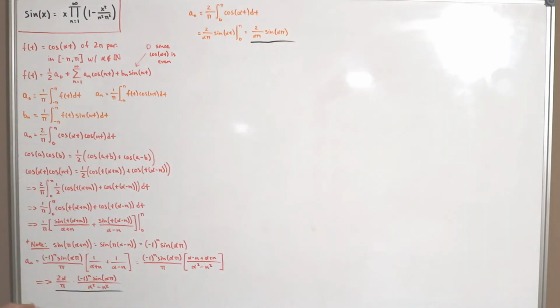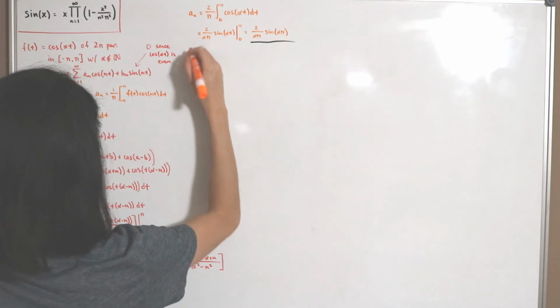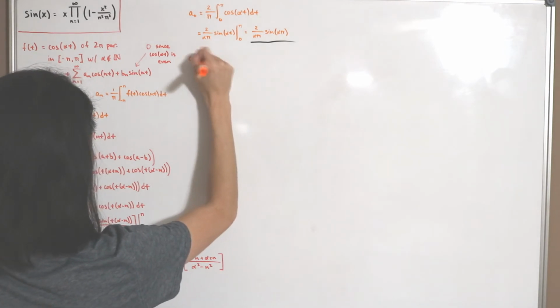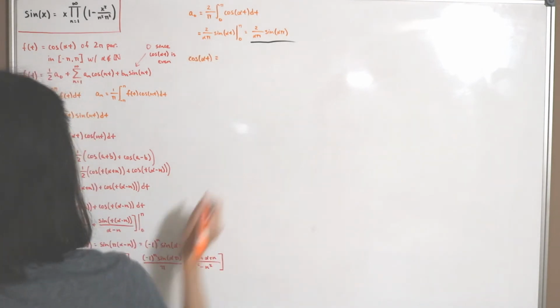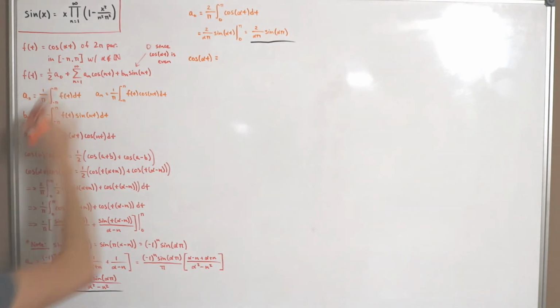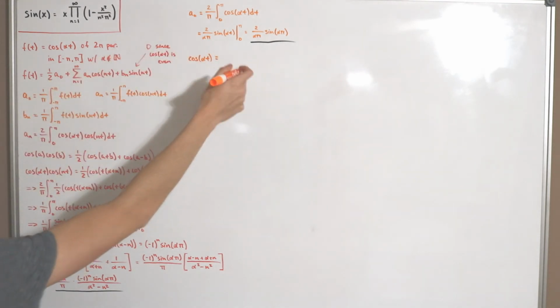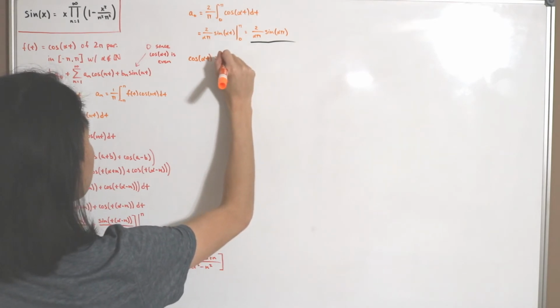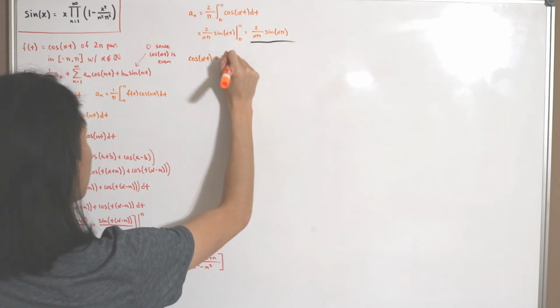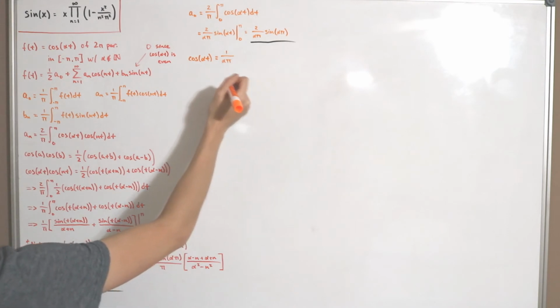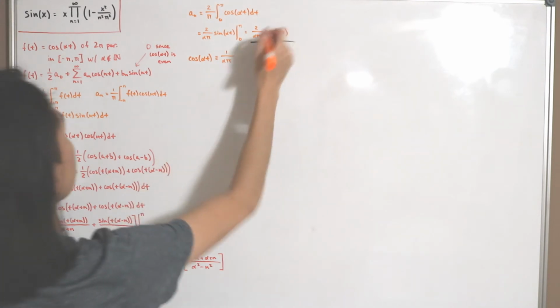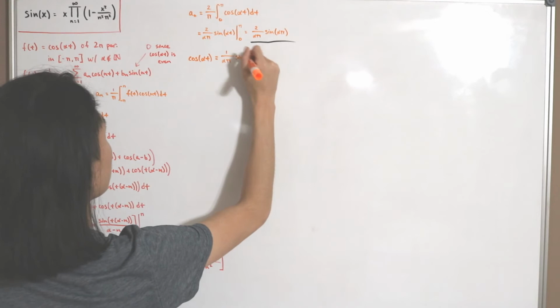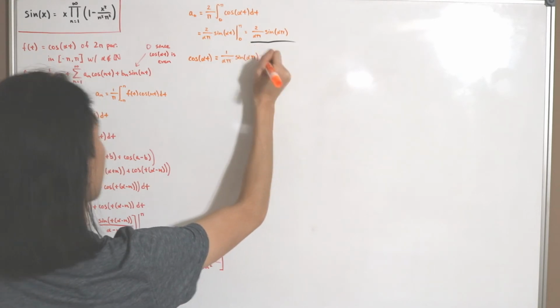Now that we found our Fourier coefficients, let's substitute them back in. Going back, we have cosine of alpha t equal to 1/2 multiplied by our a naught, which is 1 divided by alpha times pi, multiplied by sine of alpha times pi.